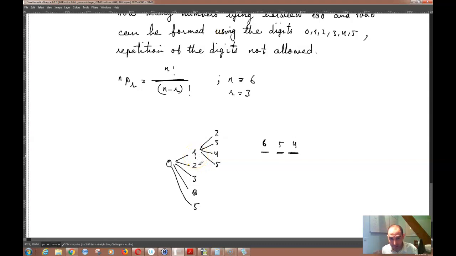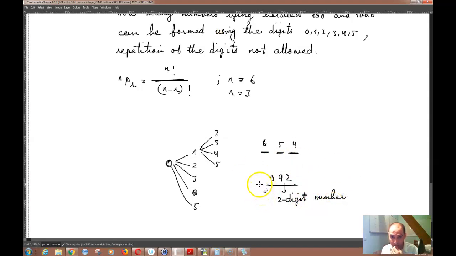Now the problem is that one of these numbers happens to be 0. If I have, for example, a number like 092, it starts with a 0 and then you have a 9 and a 2. It's actually a 2-digit number, not a 3-digit number, so you want to take these out.